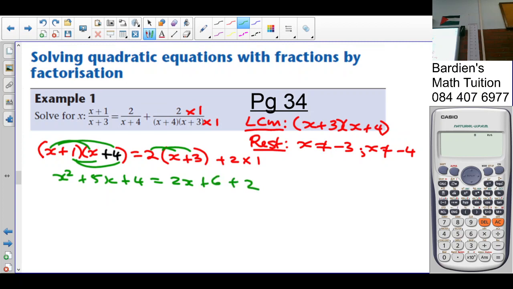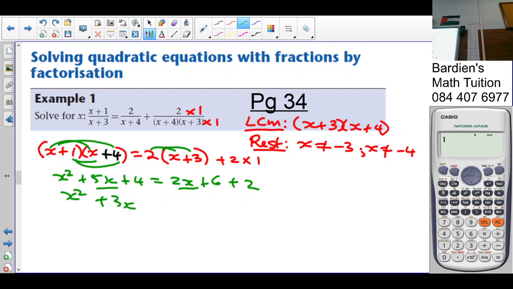Now what do we do? This is now a quadratic equation, not so? So what do we do here? X is one side, all numbers one side, 0 the other side. Otherwise, if it was a linear equation, x is one side, numbers the other side. So bring everything over, so it becomes x squared, 5x minus 2x is 3x.